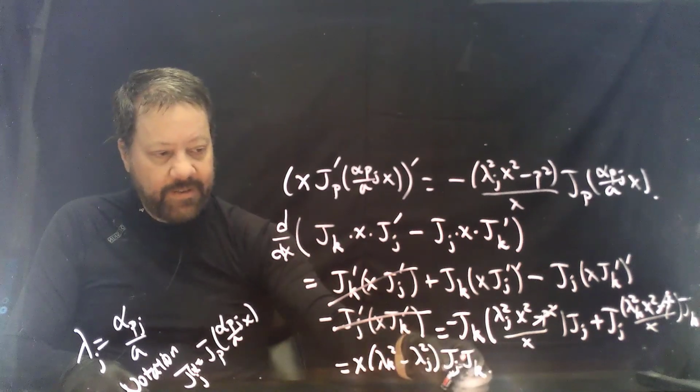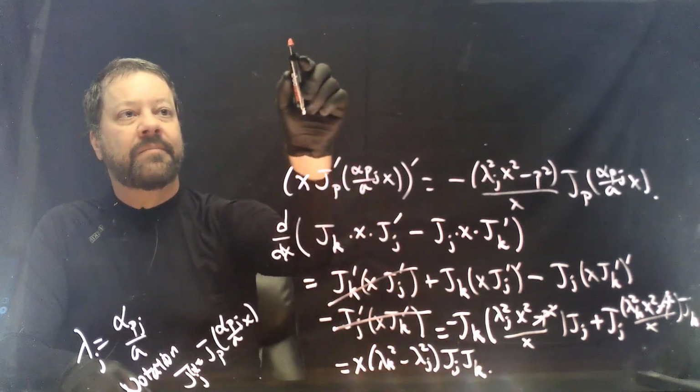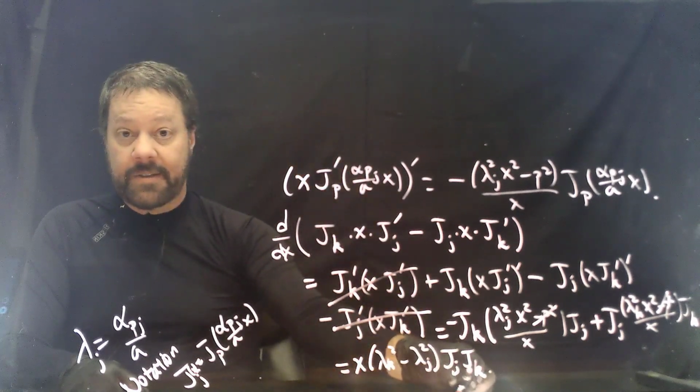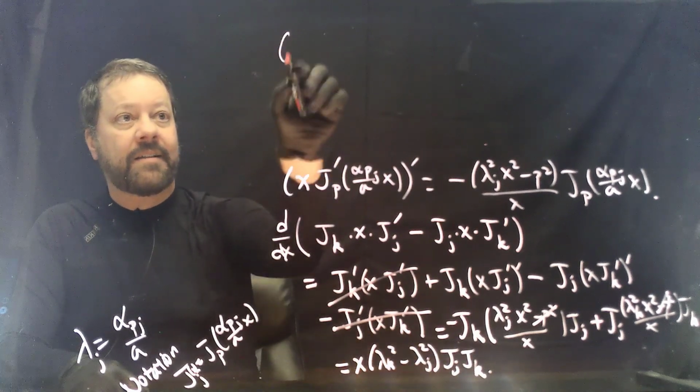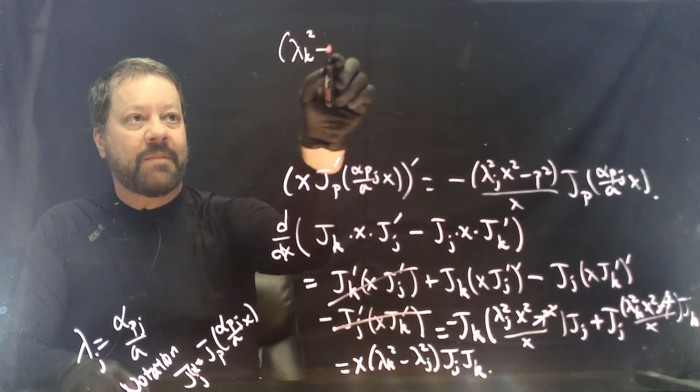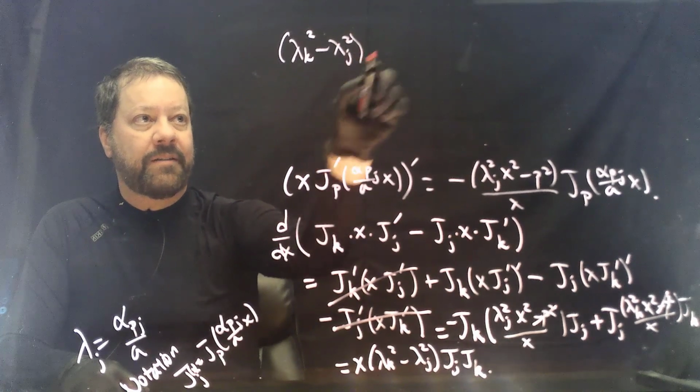It's at this point that we integrate this. We'll have this constant λ_k² - λ_j² factored out.